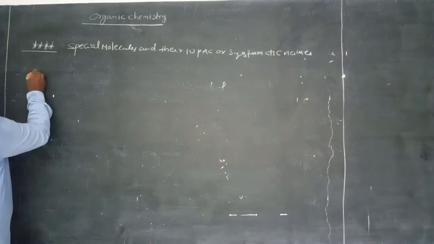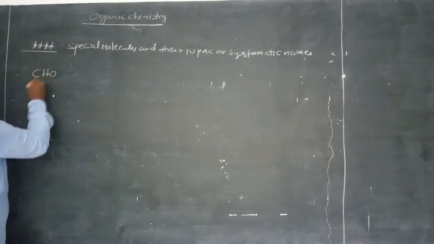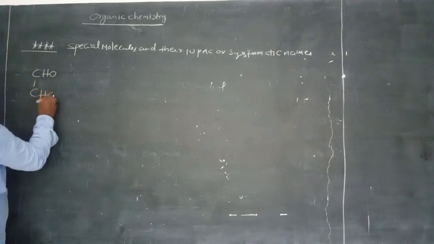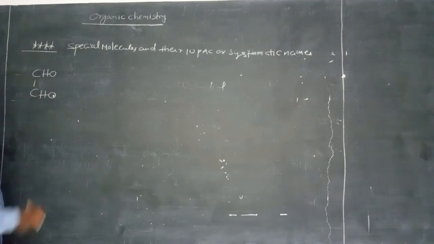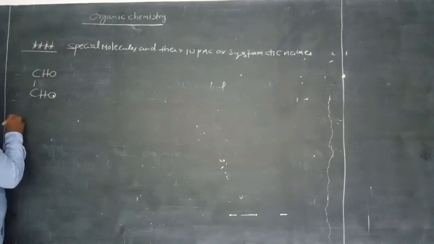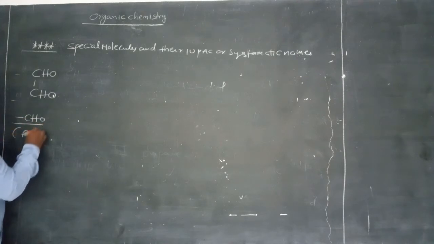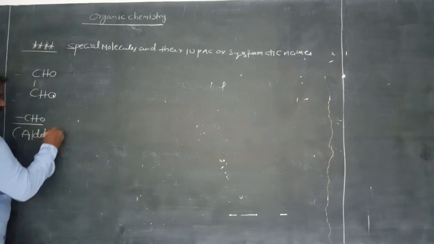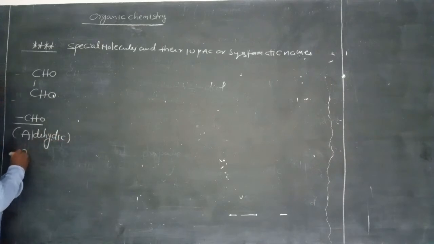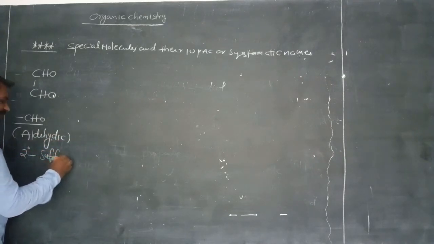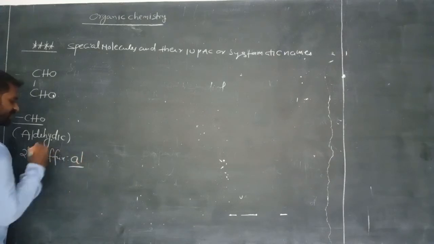And the next one, CHO bond CHO. CHO means aldehyde, am I right? Clear? Aldehyde functional group. In this case, what about the secondary suffix? The main functional group ends with al for aldehyde.